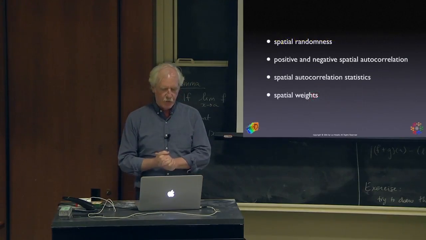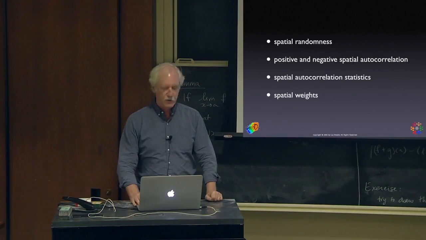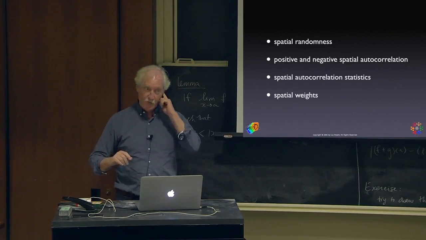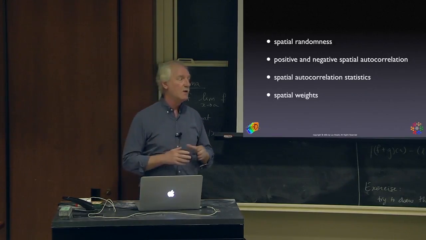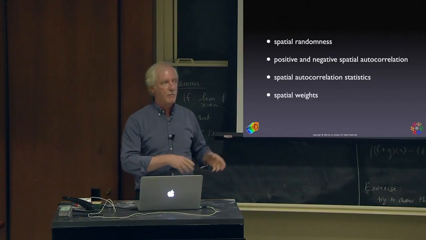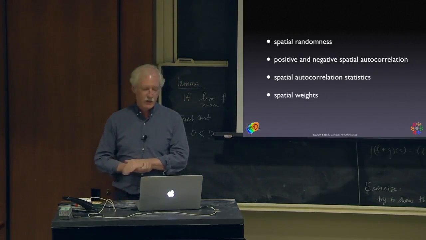So as I mentioned, what I'm going to do today is talk about spatial randomness first. That's the null hypothesis. I'm assuming all of you are familiar with that terminology. Then the alternative hypothesis: once you reject the null hypothesis, what do you have? It is either positive or negative spatial autocorrelation.